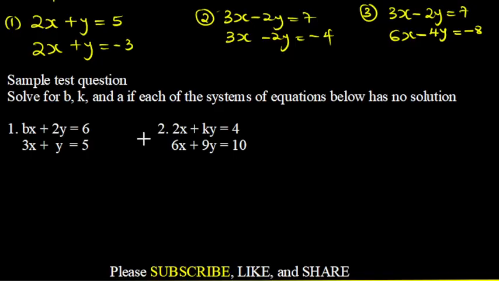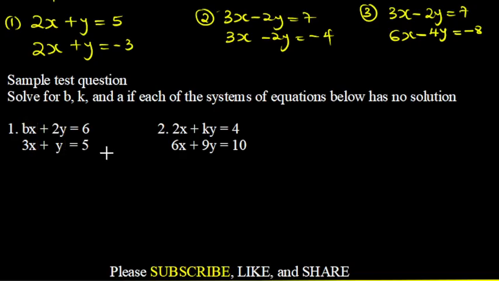Recall that a system of equations has no solution when two same expressions are equated to different numbers respectively. So in this kind of equation, these here are the same, and this one also is the same.